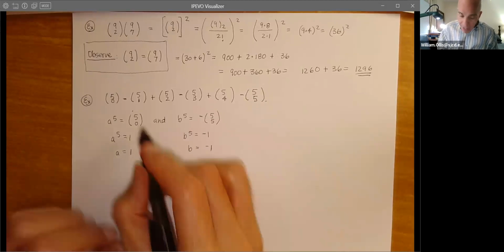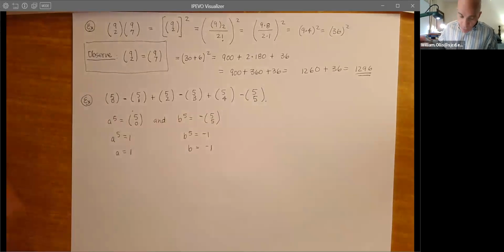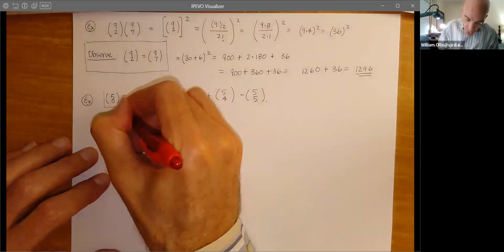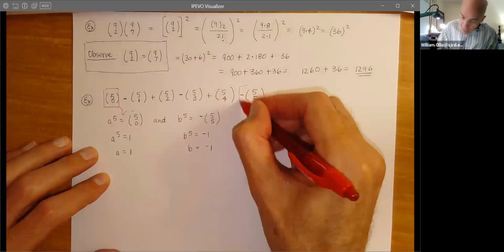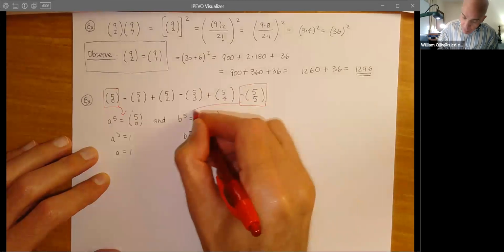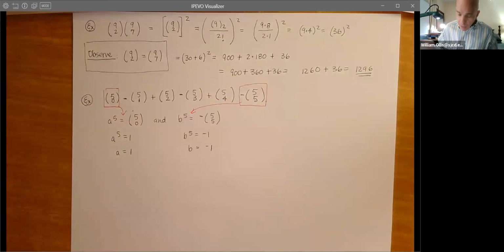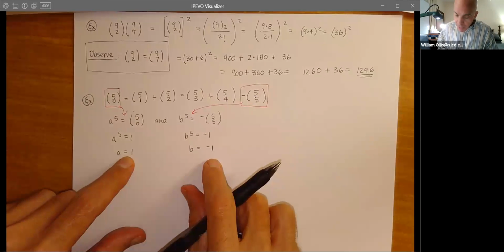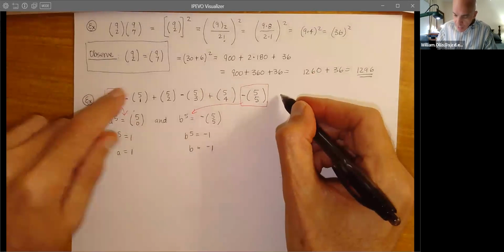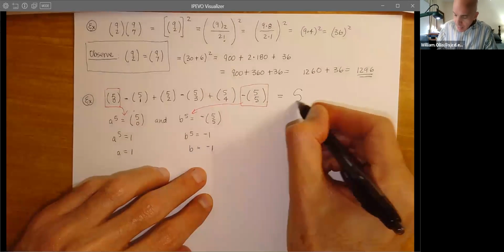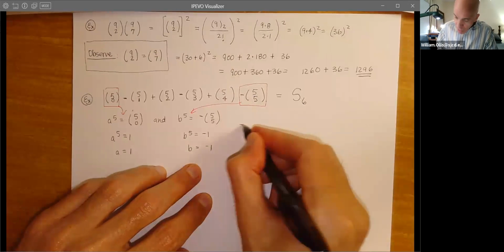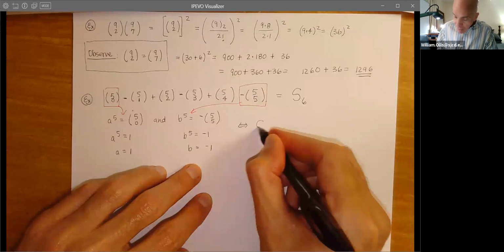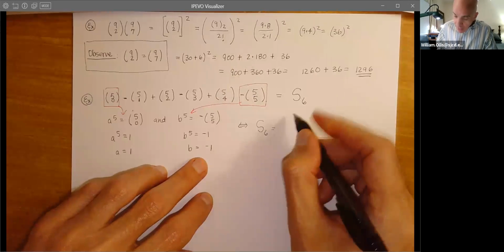So by comparing, just like we did before, the first term, which is the extreme term of the binomial theorem, first and last. So now we have an A and a B. We'll call this S6 again. It's got 6 terms in it. So if and only if S6 equals what?